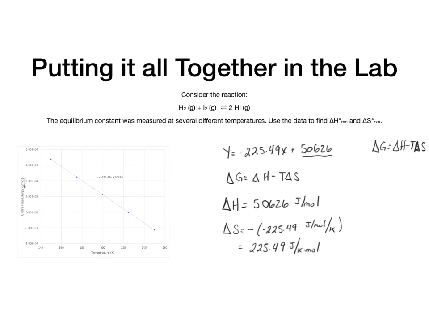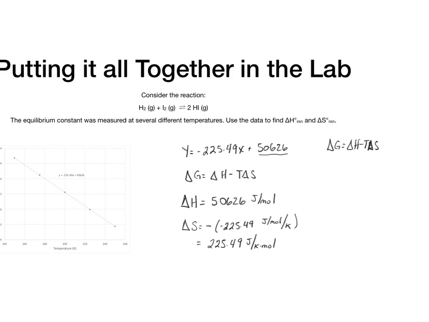And to remind you of how that mapping works and to make sure that we're all on the same page, we have delta G is my y value equals negative delta S as my slope times T, which is my x value, plus delta H is my intercept.